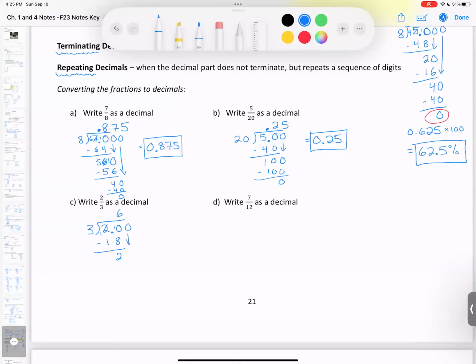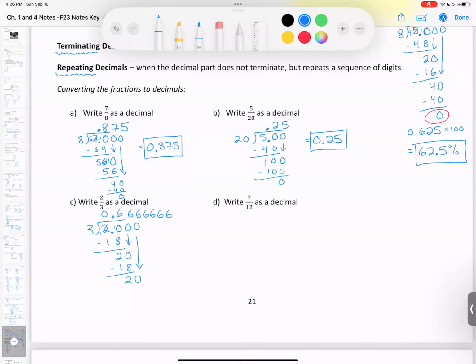Let's drop down a 0. Now we have to wonder, okay, how many times can 3 go into 20? Once again, it can go 6 times for 18, and we're left with 2. Let's drop down a 0. Once again, we have a 20. And so maybe you can see that no matter how many times we drop down the 0, we're always going to get a 6 up here. It's always going to be 20, which will go 6 times.